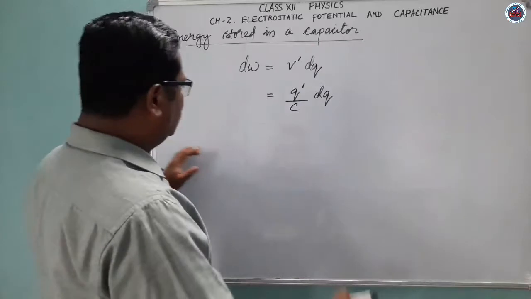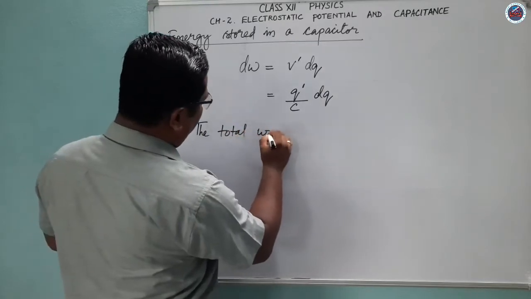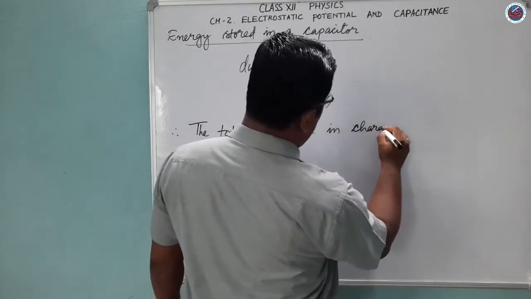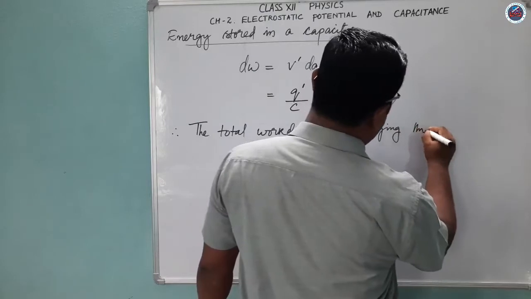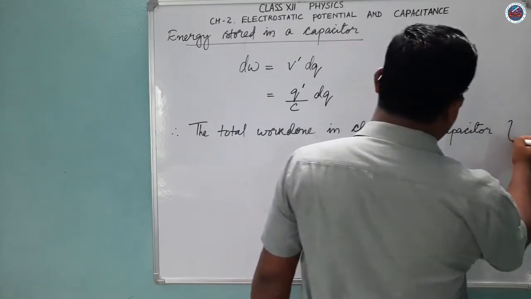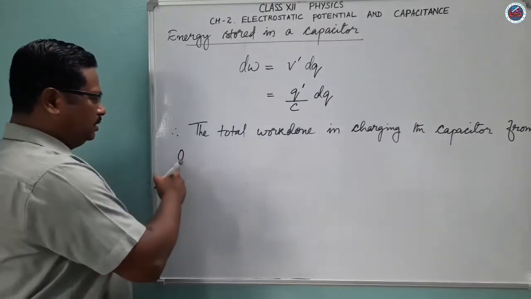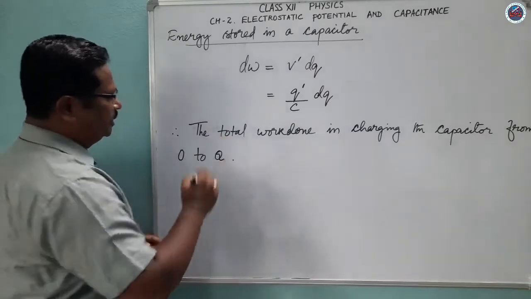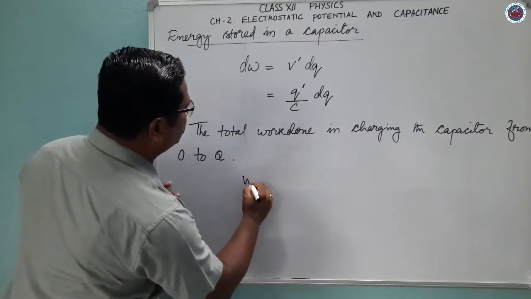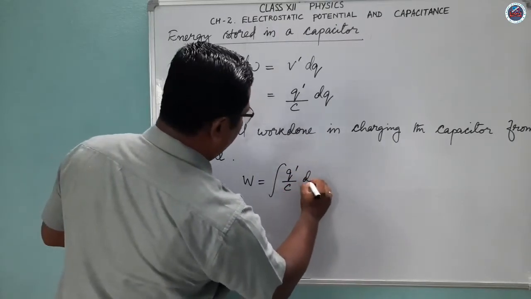Now the total work done in charging the capacitor, say initially the charge was not there, imagine 0, to the total charge in the capacitor, suppose Q. Then we integrate dW, then we will get the work done as W. This is the integration of Q dash by C dq.